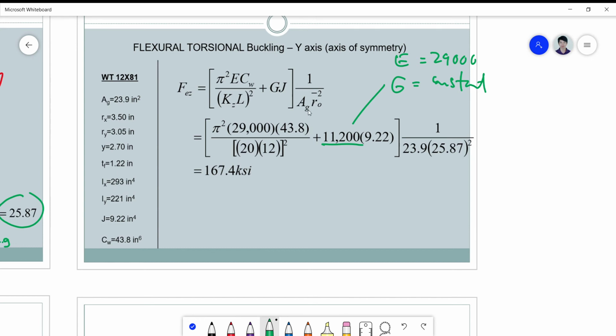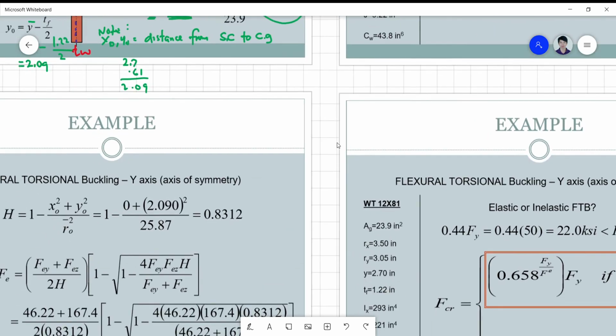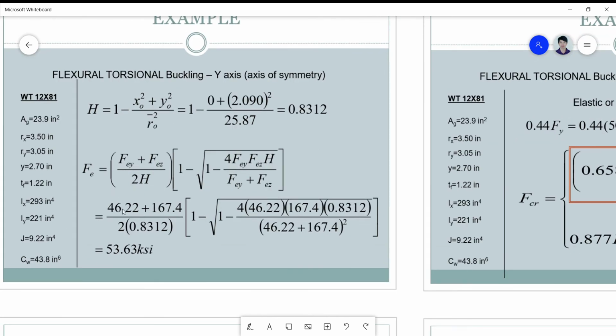Okay, so Ag alam natin, Ro alam din natin. So, madali. You can solve for. So, yung computation class, calculator lang ang kailangan dyan. Or computer kung gusto mo mag-program sa computer. Okay, so hindi natatapos dyan yan. So, solve mo yung equation 4.5. Yan, ito siya, no? So, you plug in Fey, kinuha natin una, ito yung kakukuha natin.